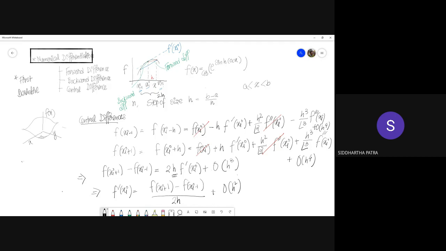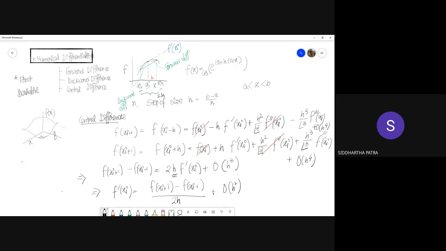Okay, so whether visually or in terms of the expression, in either situation, the central difference, although it seems like you are taking the gap between the two x values higher compared to either forward or backward difference, by taking twice the gap between the x values, at the midpoint you are evaluating the derivative more accurately.